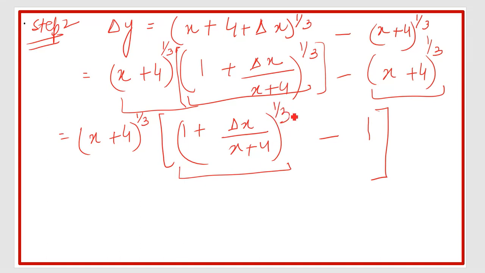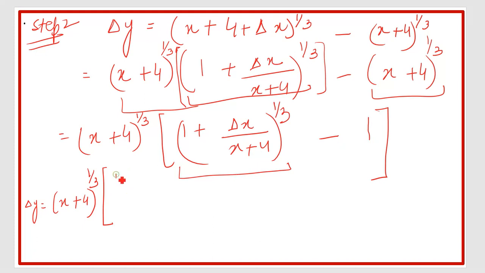So n we have 1 over 3. Instead of a we have 1. Instead of b we have delta x divided by x plus 4. So how will I write it down? Here we have delta y, and this (x plus 4) power 1 over 3 will remain the same. We are going to apply the binomial theorem on this part, but keep in mind we have negative 1 as well.